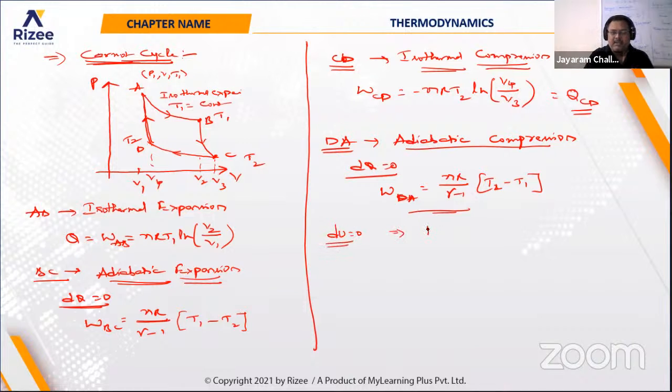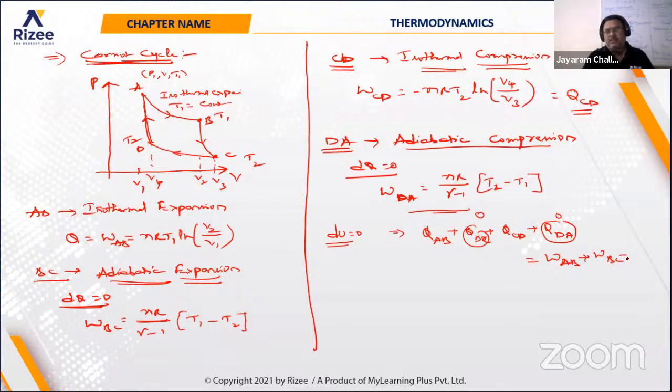And due to this, the total heat supplied Q, the heat from A to B plus the heat from B to C, which is anyway 0, plus the heat from C to D, which is negative, plus the heat from D to A, which is also 0, is equal to the work done between A to B plus B to C plus C to D plus D to A. So these two works will be equal to zero and can be removed here.